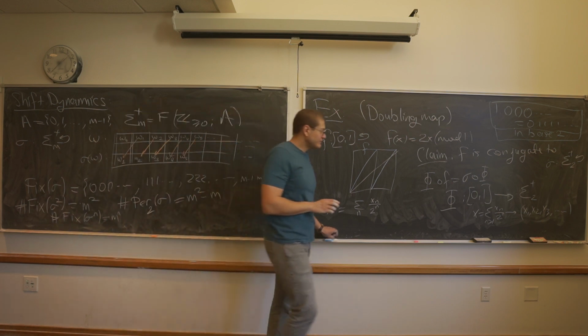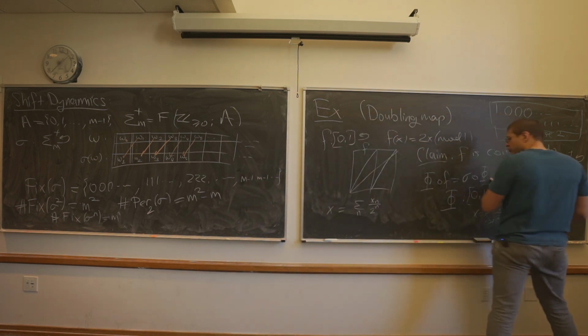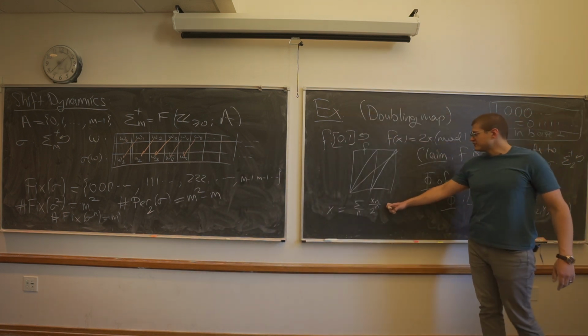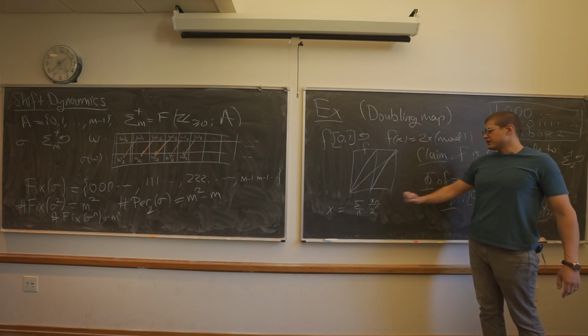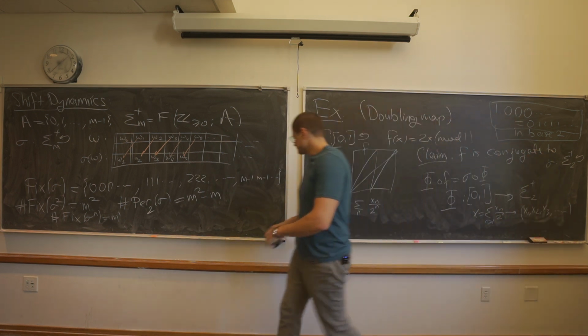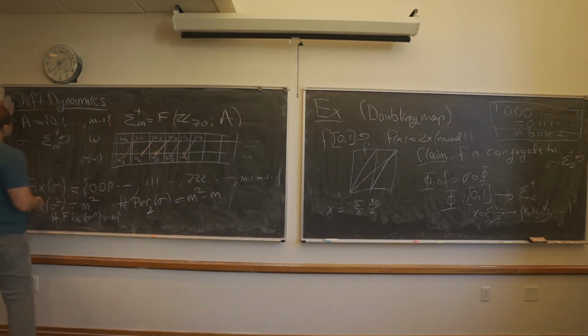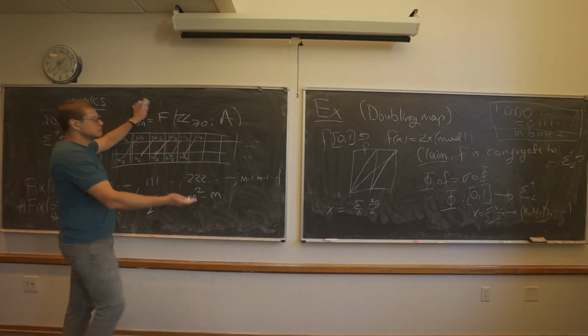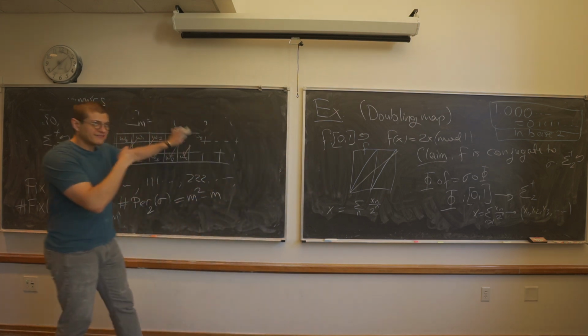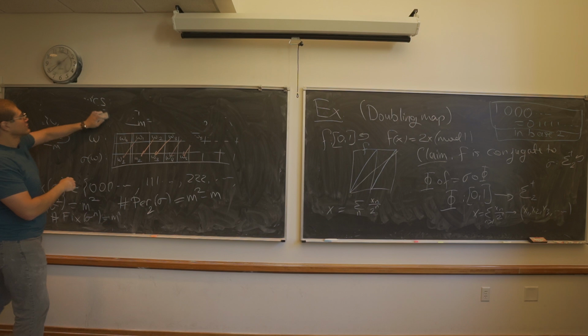But we still need that this conjugacy holds. Now let's try to understand what this doubling map does here. If I were to start with a number, the doubling map just multiplies it by 2 and gets rid of the part to the left of the binary point.